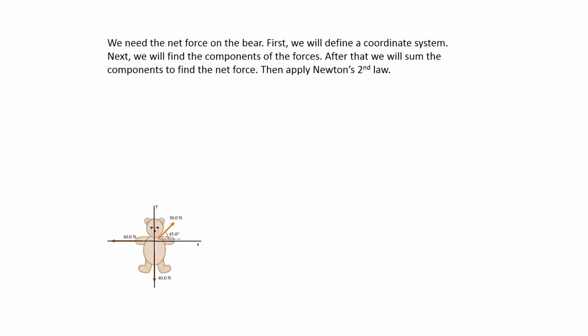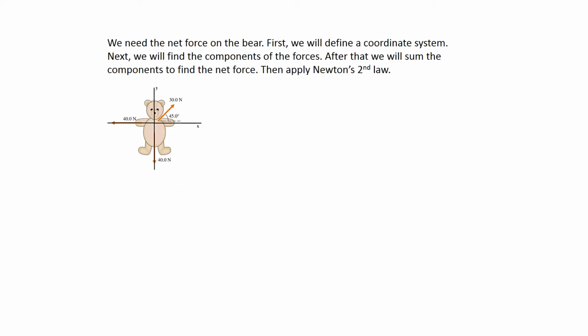So, the coordinate system that I have chosen in this problem has the 30 Newton force pointing upwards and to the right, making a 45-degree angle with my positive x-axis. The 40 Newton force pulling to the left in this picture is directly on the negative x-axis, and the 40 Newton force is pulling in the negative y direction.